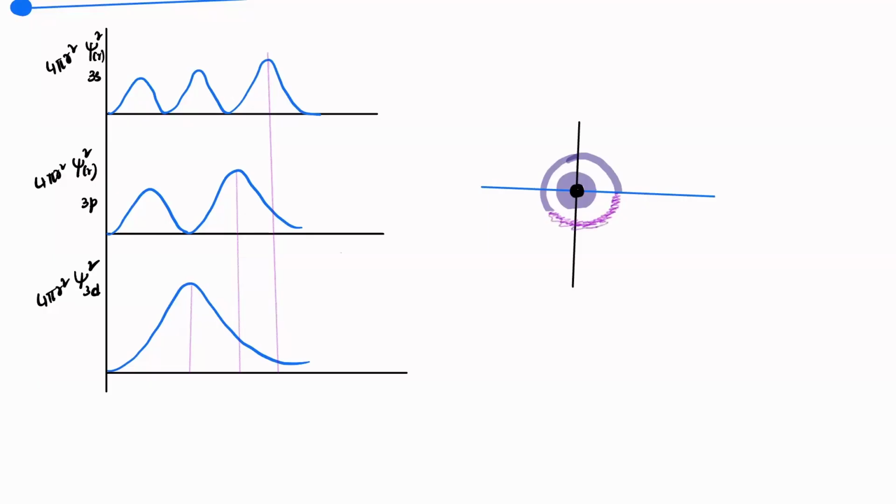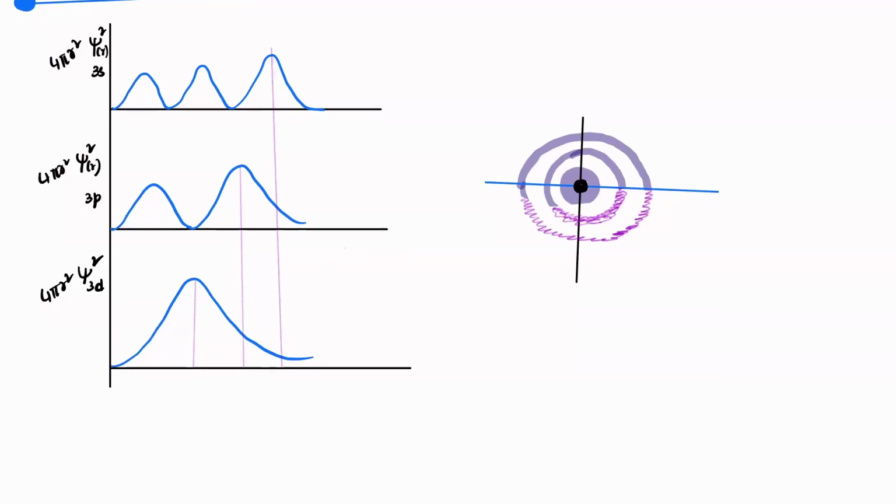And when it comes to 3p, this is how it keeps going around. So observe carefully. This node represents this particular space. The second node represents this space. So basically, this is the 3s orbital which has these two nodes. So this is how it looks.